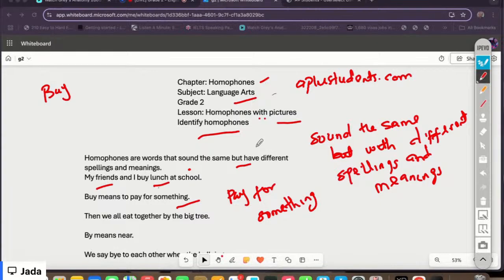Then: we all eat together by the tree. So we also have by. Now this buy and this by sound the same, but they have different spellings. This one means to pay for something, like payment, and this one means near. For example, you say by the car, meaning near the car, next to the car.